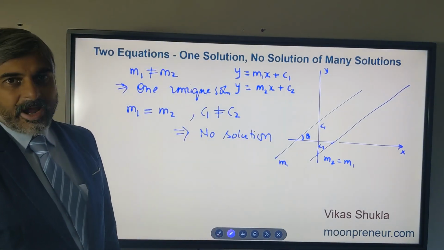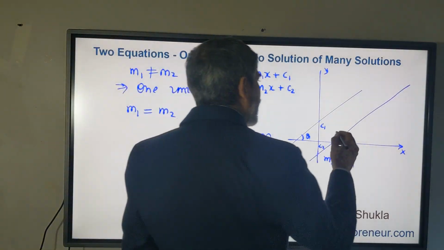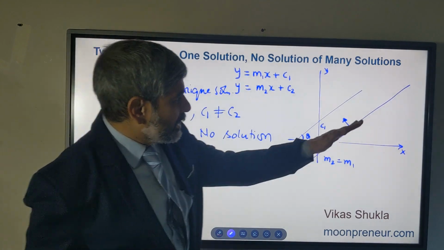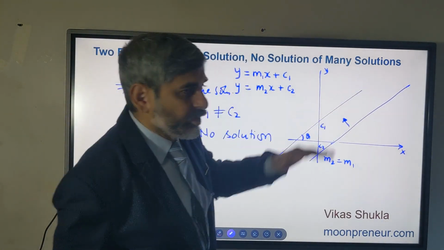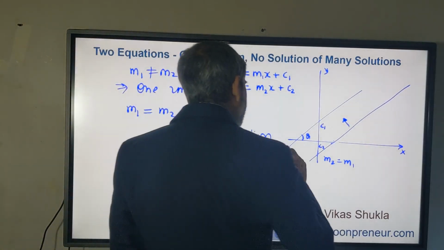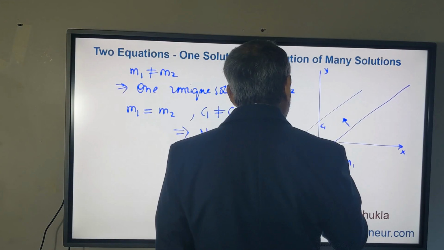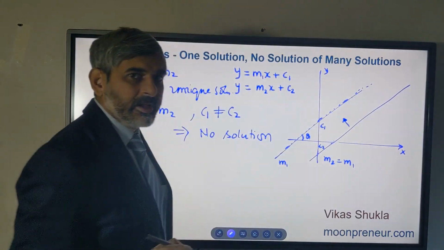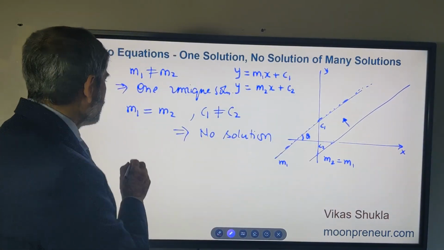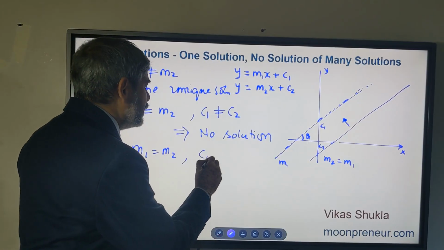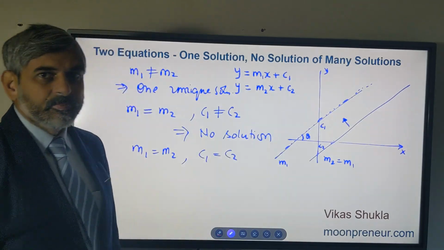Now let's try to do these things. I'm going to move this line closer to this line, start coming closer and closer and closer, and at some point it's so close that they almost overlap. The second line is overlapping the first line, and when that happens, m1 is equal to m2, and these intercepts will also be equal.